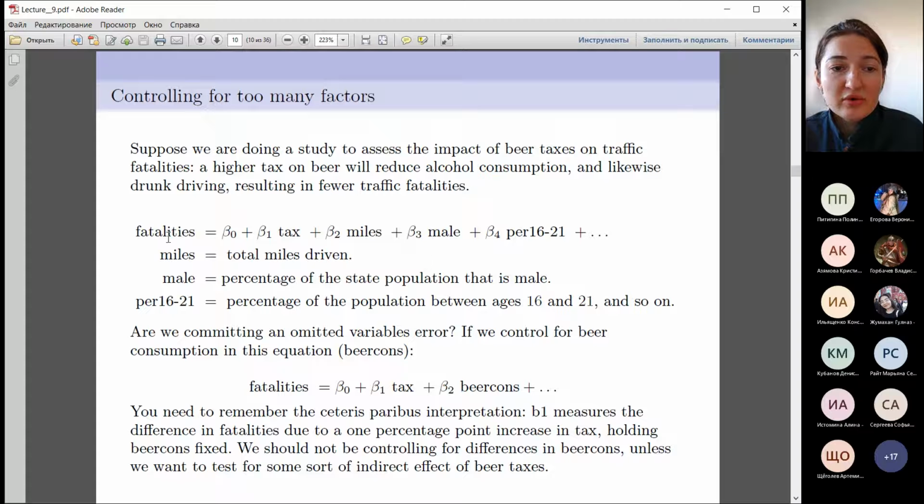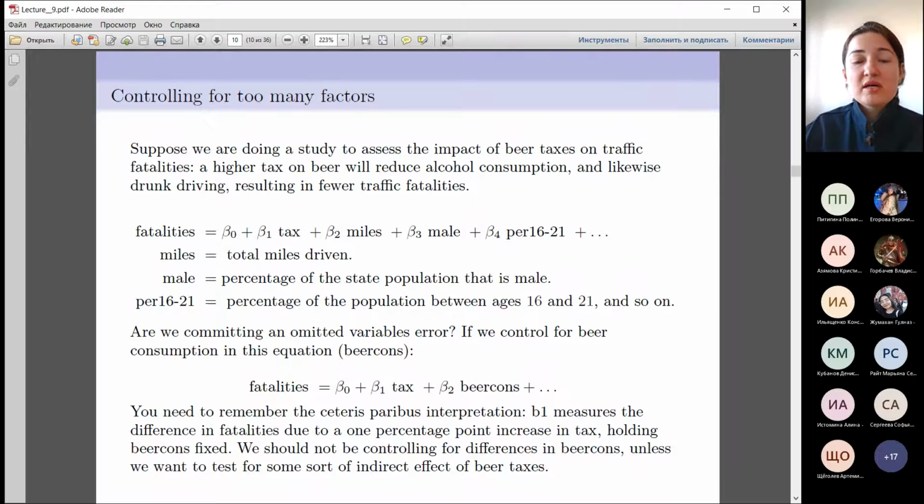So, you use the same dependent and all the independent variables, but you add beer consumption to the first equation. Really it will be very strange.